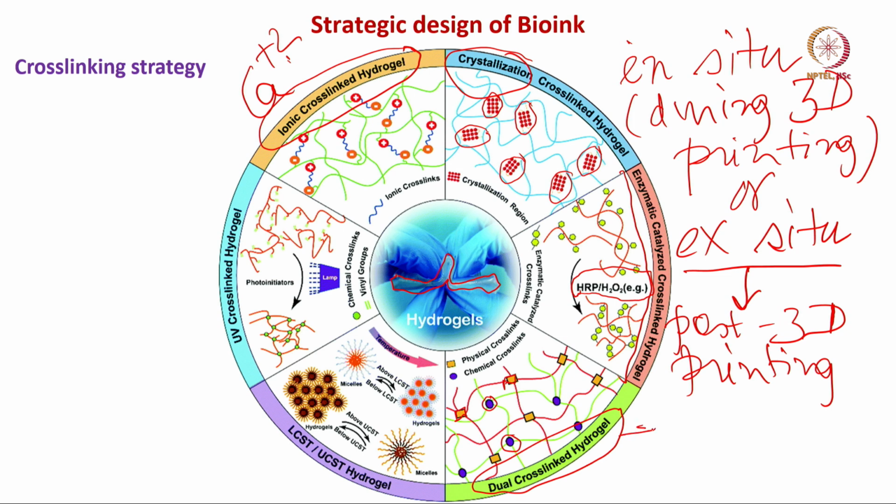I will also show you dual cross-linked hydrogel in one of the subsequent lectures, like you can use calcium chloride, this is the chemical cross-linking, and you can use UV together, and then we can see how dual cross-linked hydrogels can have better properties.